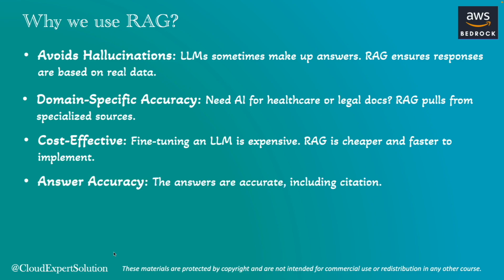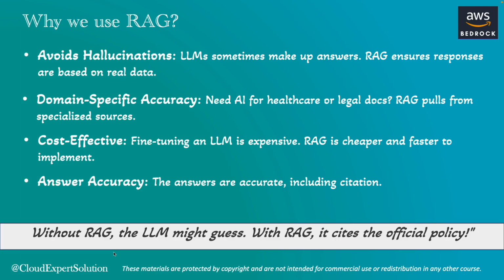The answers will always be accurate because they are pulled from the latest documents, including citations, which will build trust. Now you can understand, without RAG, LLMs rely only on their pre-trained knowledge, which can be outdated or incorrect. RAG fixes this by pulling real-time trusted data into responses.